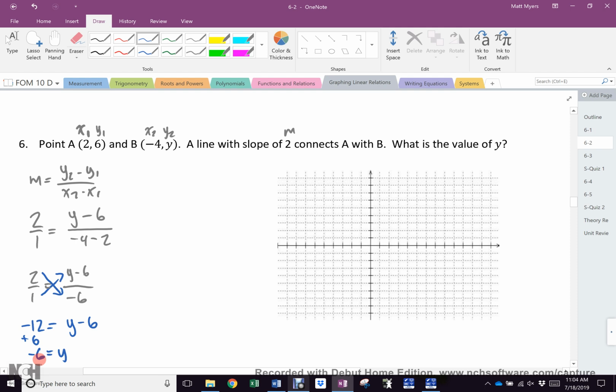All right. Now let's do it graphically. Which of these 2 points am I able to put on the graph right now? Point A or point B? Point A. I would go out 1, 2, and up 1, 2, 3, 4, 5, 6. Agreed? What do I know about point B?